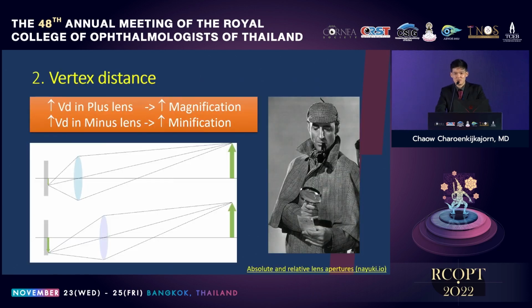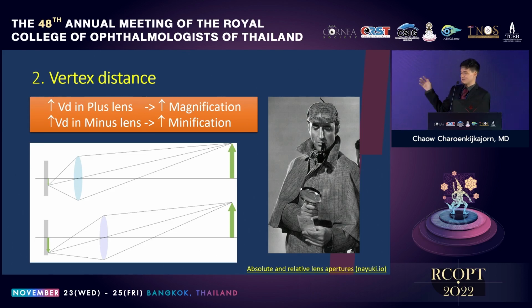And factor number 2 is vertex distance. Let's talk about the plus lens. As you can see in this diagram, if we move the plus lens away from the screen, the image, which is the green arrow, gets bigger. That means for the plus lens and minus lens, if we move the lens away from our eyes, it will increase the magnification and minification.